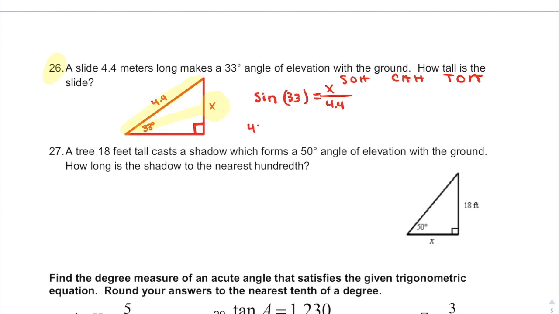To solve for x, we multiply both sides by 4.4 and end up with 4.4 sine of 33. We type that in our calculator, and we find that the side is approximately 2.4 meters tall.